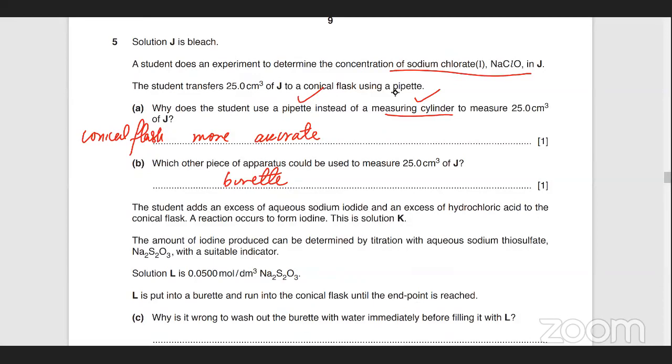Beaker is not a measurement device. टेस्ट ट्यूब भी, that's not a measurement device. Measure करने के लिए, you have mostly these three things: either a pipette or a measuring cylinder or a burette. एक और होता है वॉल्यूमेट्रिक फ्लास्क, लेकिन वो ऑब्वियसली सोल्यूशन बनाने के लिए यूज होता है, मेजरमेंट के लिए नहीं.